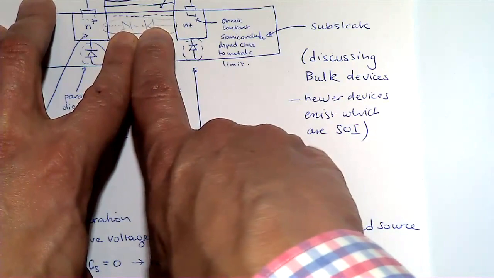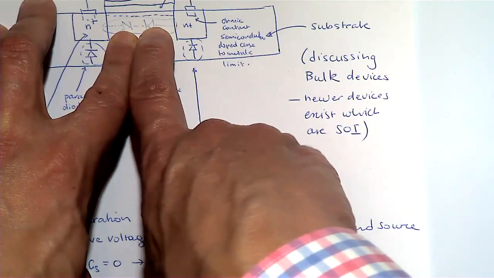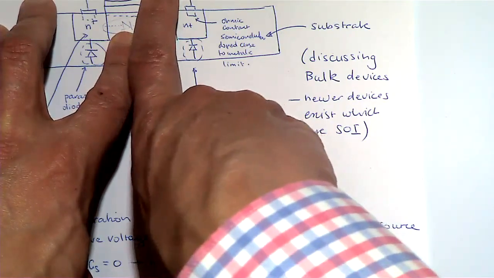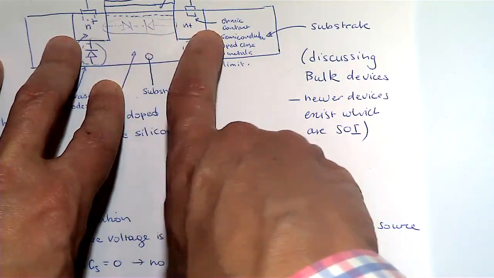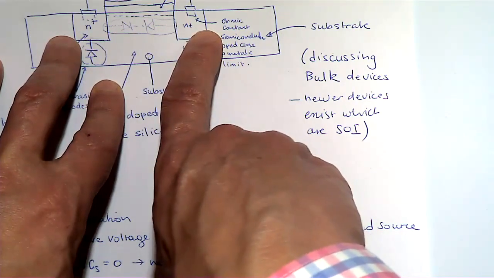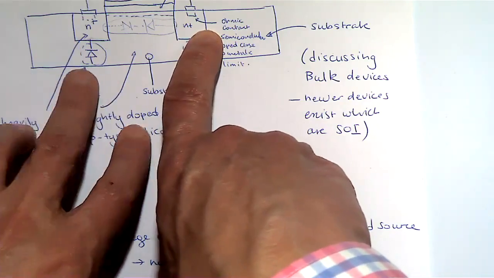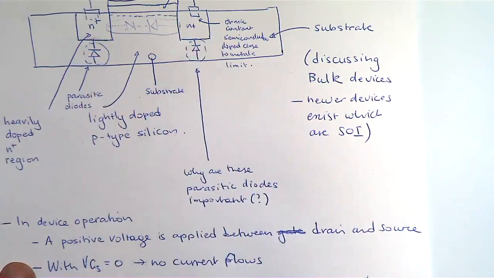So that's why current won't flow. If you've got nothing on the gate, you can almost think of it as an NPPN diode, so nothing will flow.